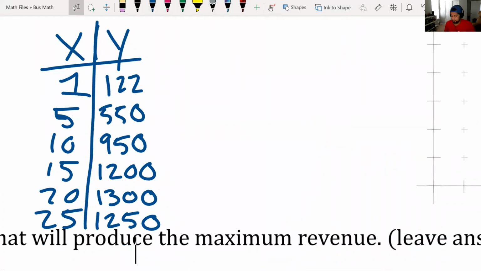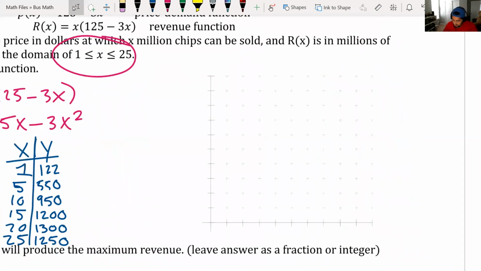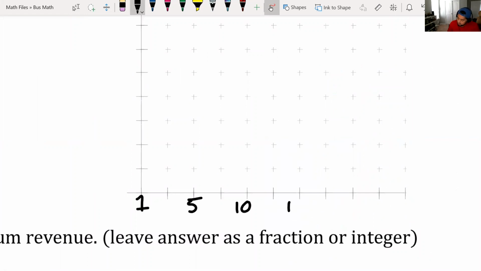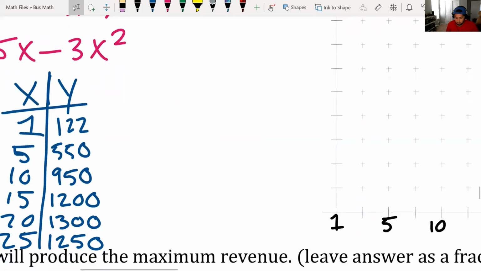Now let's go to the graph. Label appropriately. Let me do the x-axis really fast. 1, 5, 10, 15, 20, 25. Okay, let's look at our y values. 122, 550, 950, 1200, 1300, 1250.